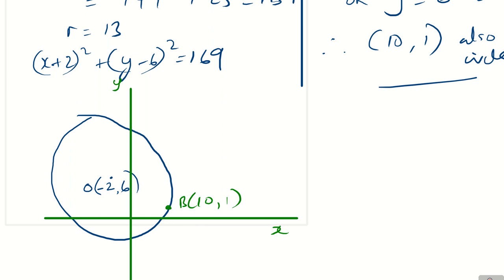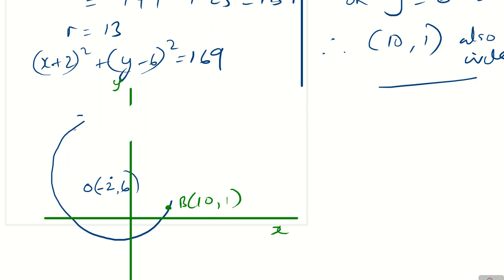Now I haven't drawn the circle very well, so let me just try and rub this out a bit. Eraser, okay, right, let's try and draw it a little bit better.